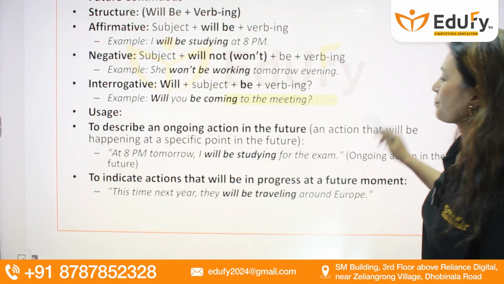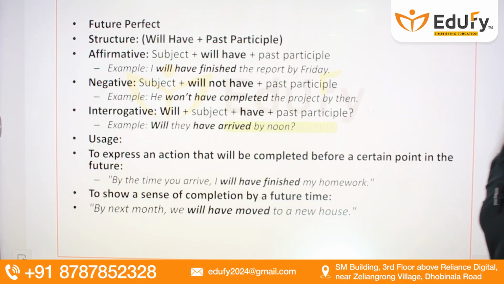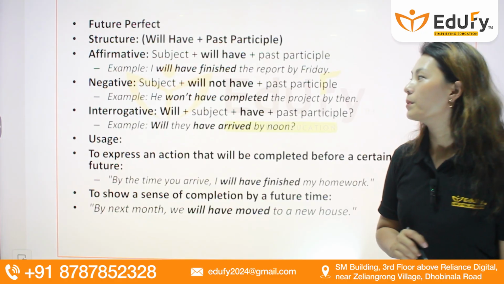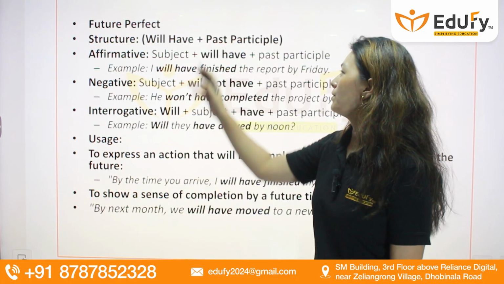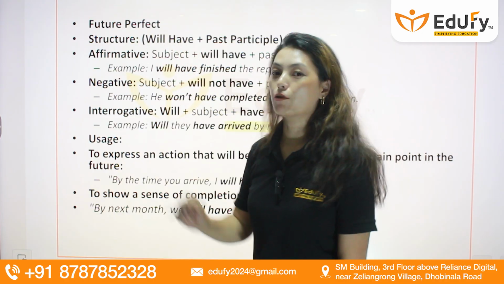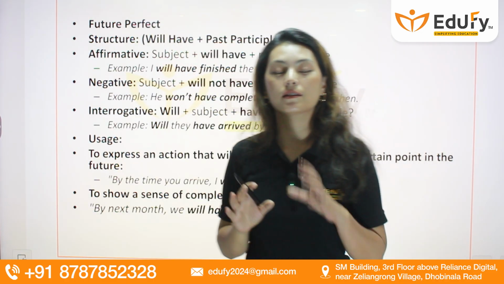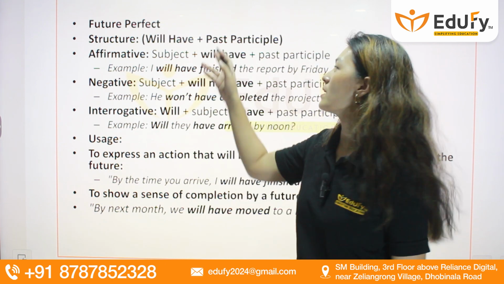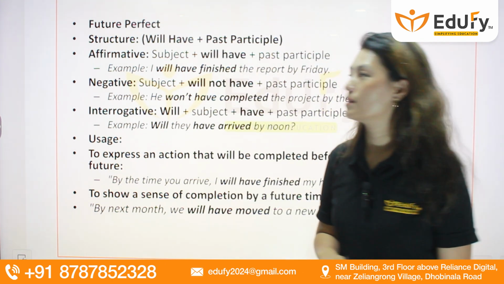As we move on, the third form of a future tense is future perfect tense. And mainly it will have will have plus the verb, since it's perfect form, right? I think so far we've talked about this, and we know that a perfect tense will always have the verb in the past participle form.